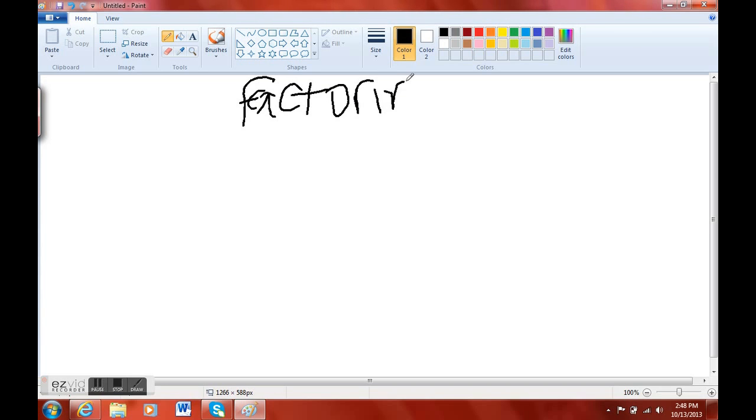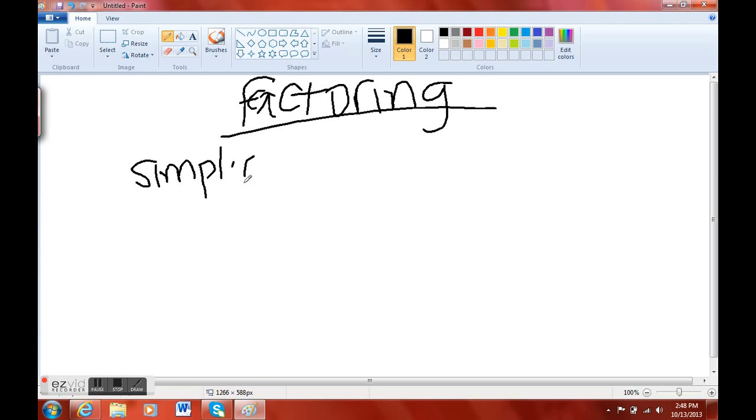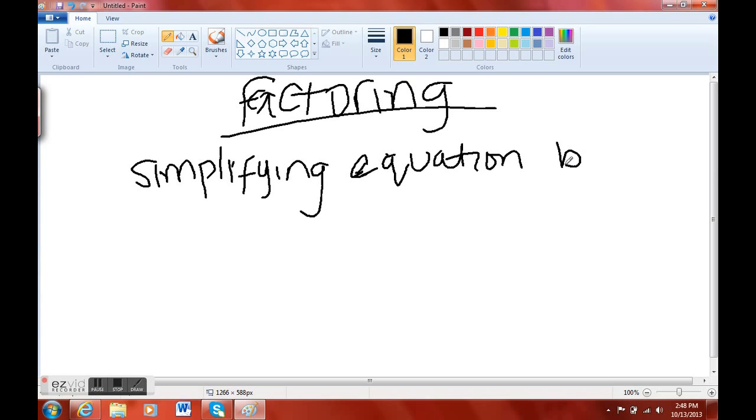We need to define factoring verbally. Factoring is when you simplify an equation by rewriting it as the product of one or two linear equations.